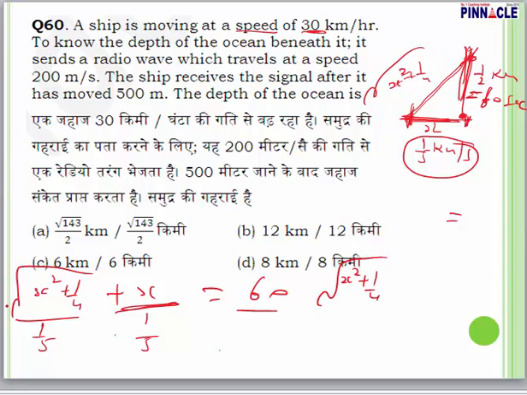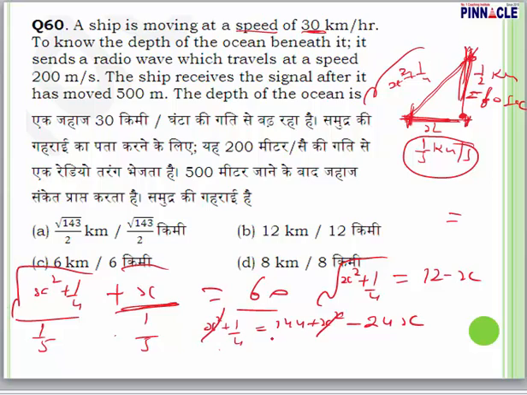Then 1 by 5 would come to this side, and it will become 12 minus x. Now after squaring both sides we will have x square plus 1 by 4 is equal to 144 plus x square minus 24x.